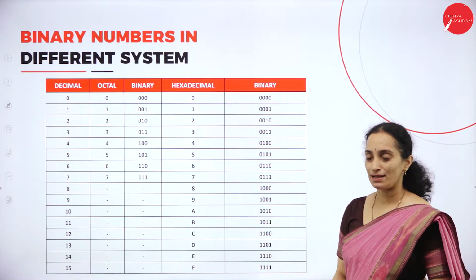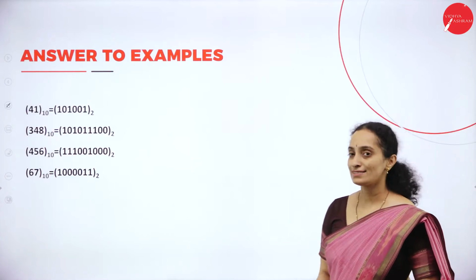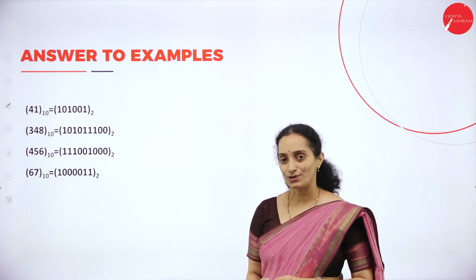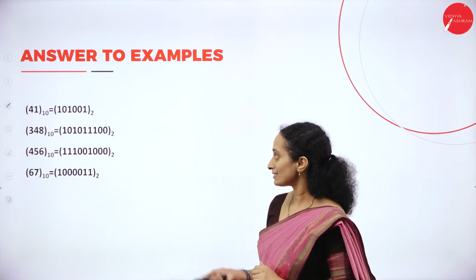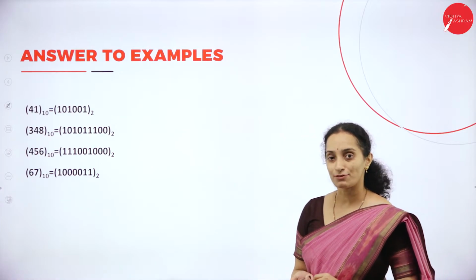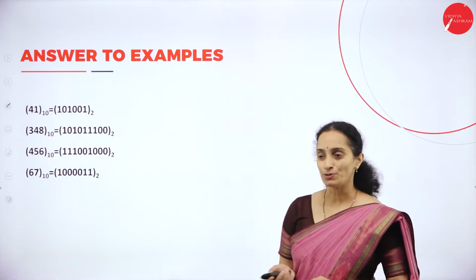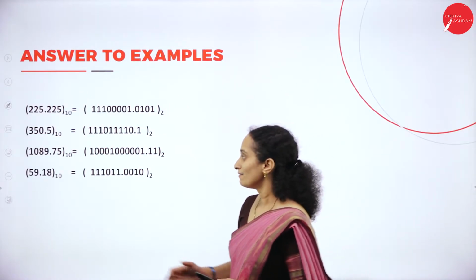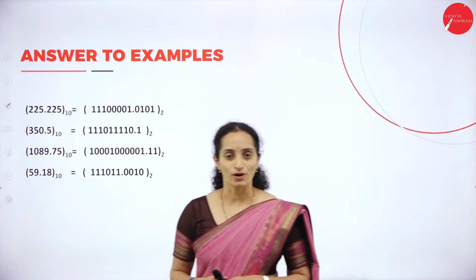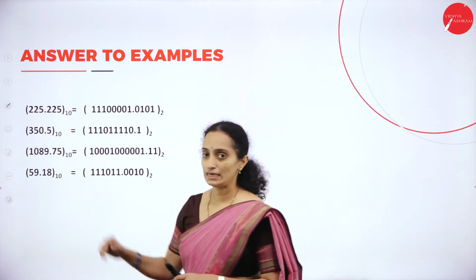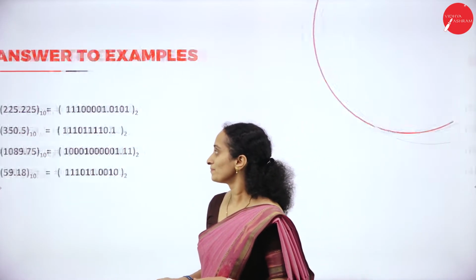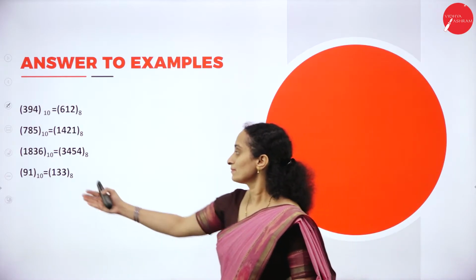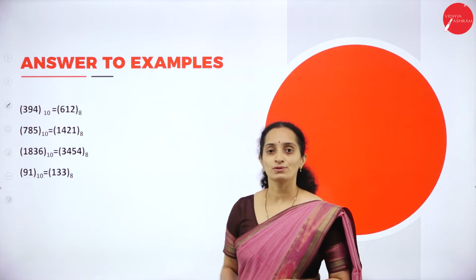After this table, let's have a look at the answers for the problems that we looked at in the previous sessions. This is all about converting from decimal to binary. Next is decimal to binary with floating points or decimal fractional part. Next is answers to examples for conversion from decimal to octal.